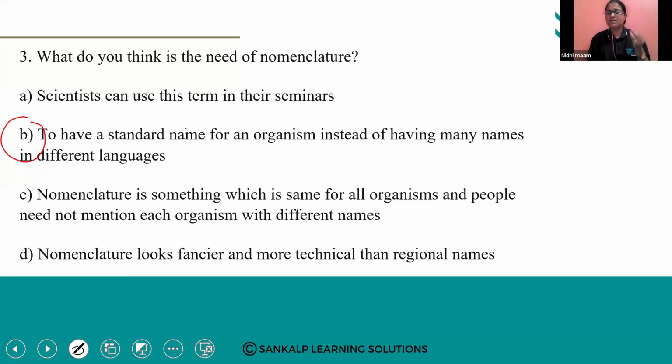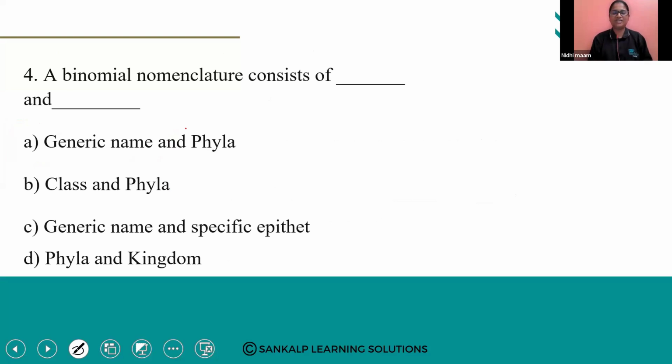Even though we know certain scientific names, for example, when you go to the vegetable vendor and ask for Solanum tuberosum, will they know to give you potato? No. If you ask for Allium cepa, will they give onion? No. So again it is not a scientific option. Nomenclature looks fancier and more technical than regional names. No. So option B is the standardized, scientific answer. All of you answered it correctly. Great. Let us proceed with the next question.